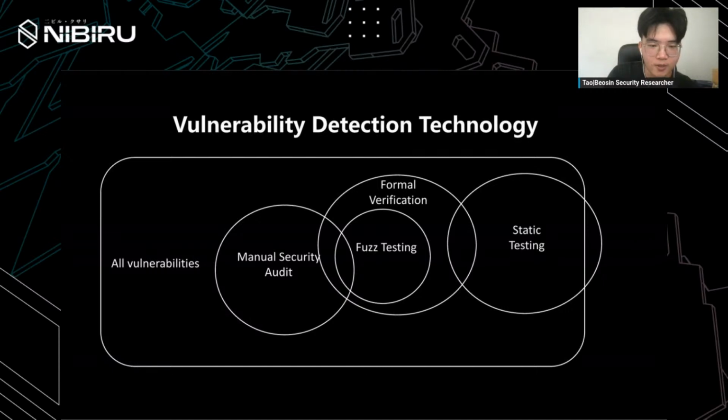Formal verification and fuzz testing will find security issues, especially those involved in business logic in the smart contract, which are difficult to find. And besides formal verification, fuzz testing, and static analysis, we will also do the manual security audit.